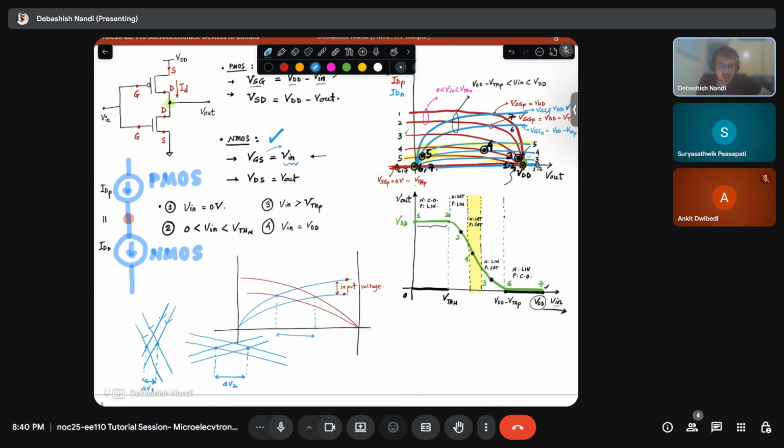So I need to have the output characteristics crossing each other at their flatter portions, where these are flat. Then only I will have a huge difference in the output for a small change in the input.